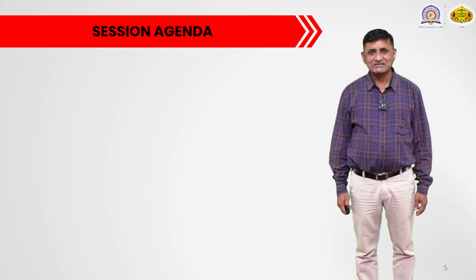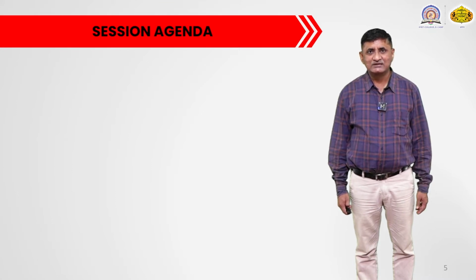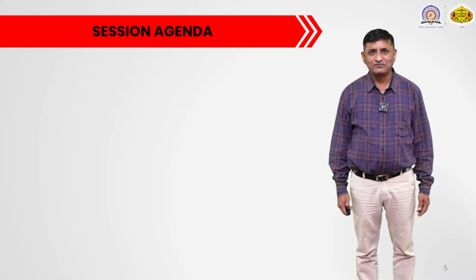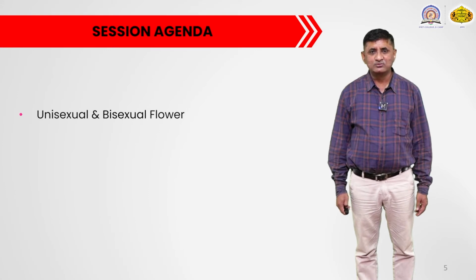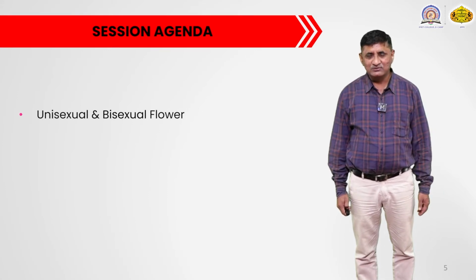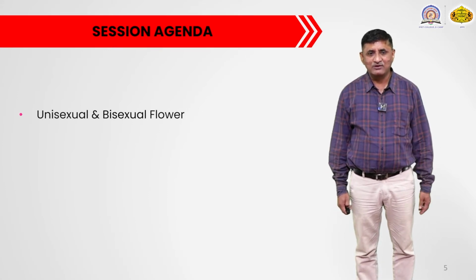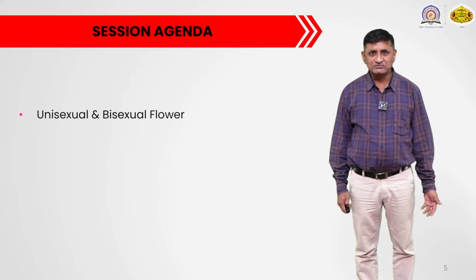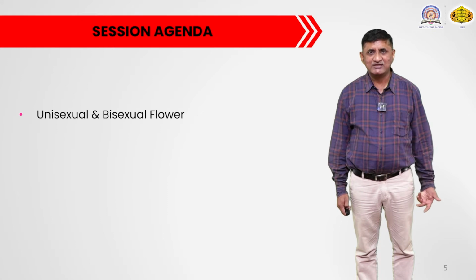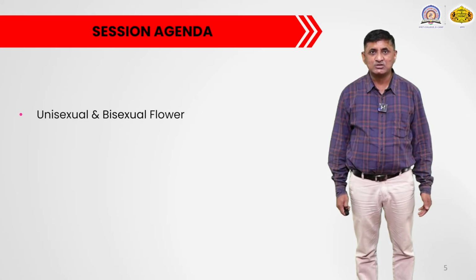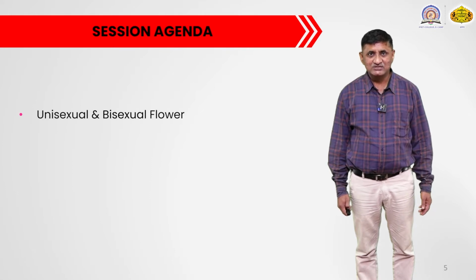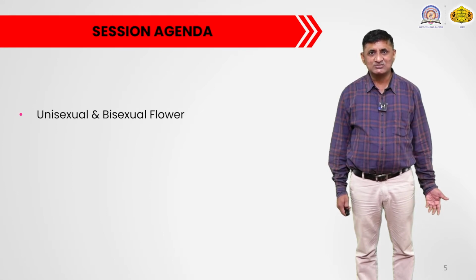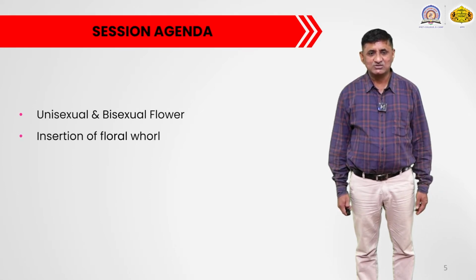Our today's session agenda is the next point regarding the study of flower. Today we will see another aspect of the flower. We want to see what is meant by unisexual and bisexual flower. We can categorize a flower on the basis of sexuality, whether the flower is unisexual or bisexual.